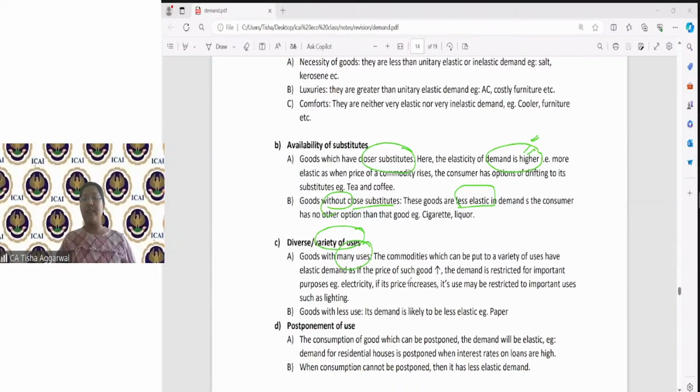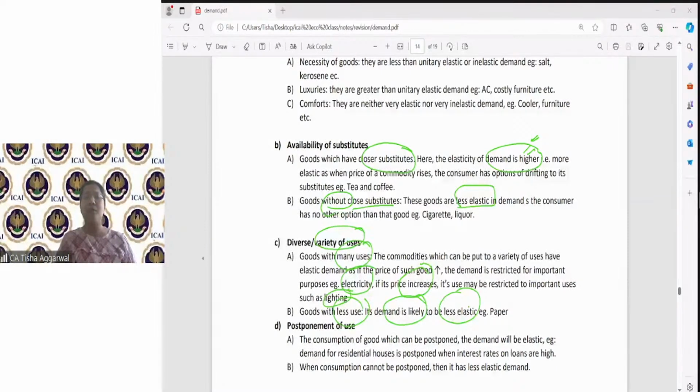For example, if the price of electricity is very high now, I will restrain myself only to the important use, such as just lighting. I will rationalize and use it very sensibly for the lighting of lamps and other things. But something which has fewer uses, what will happen? The demand is likely to be less elastic. Okay.